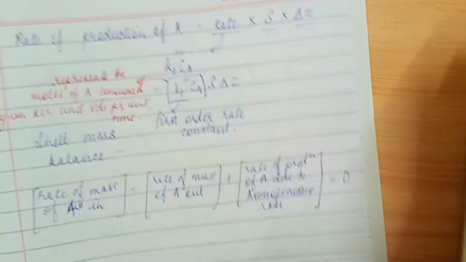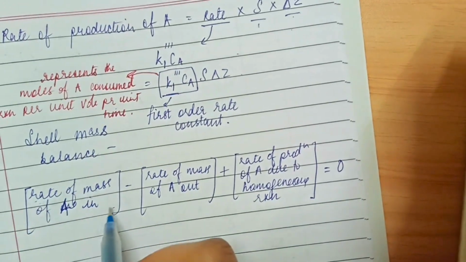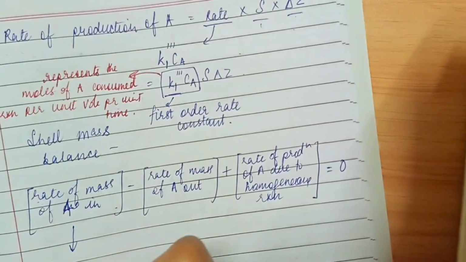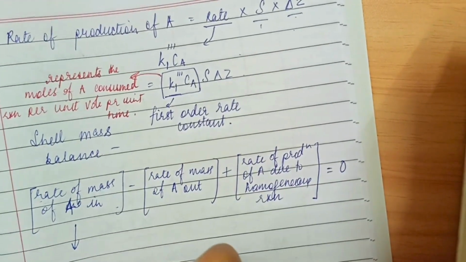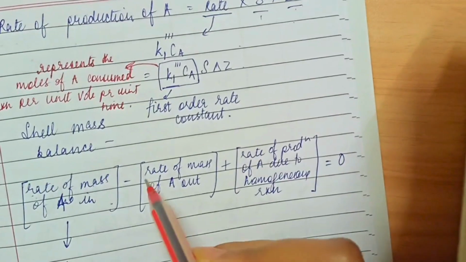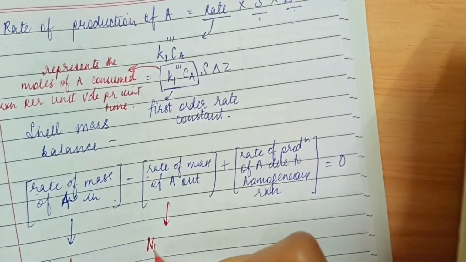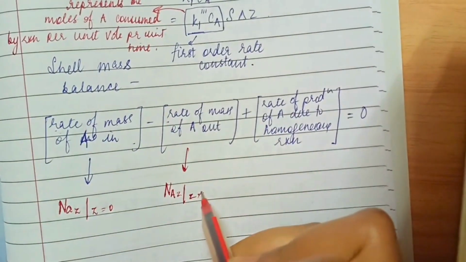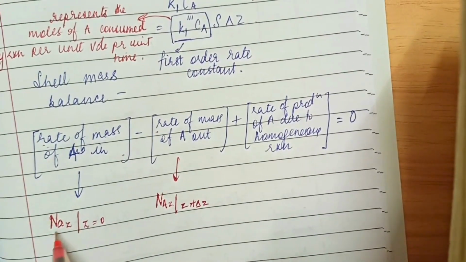So for this, that is the rate of mass of A in, we get the term NAZ at Z is equal to 0. For the rate of mass of A out, we get the term NAZ at Z is equal to Z plus delta Z. A correction to be made.